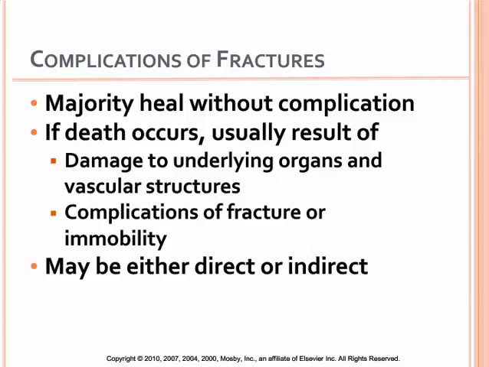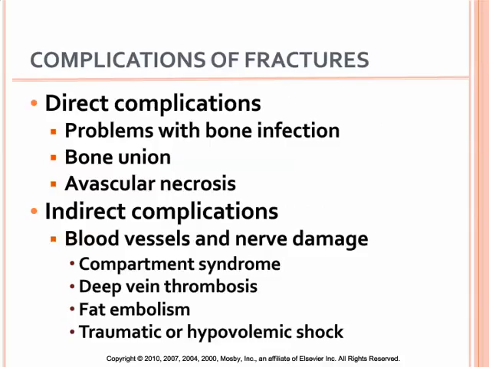Direct complications would include problems with the bone, infection or osteomyelitis, bone union or avascular necrosis. Indirect complications include blood vessels and nerve damage, which would be compartment syndrome, DVT, fat embolism, or traumatic or hypovolemic shock.